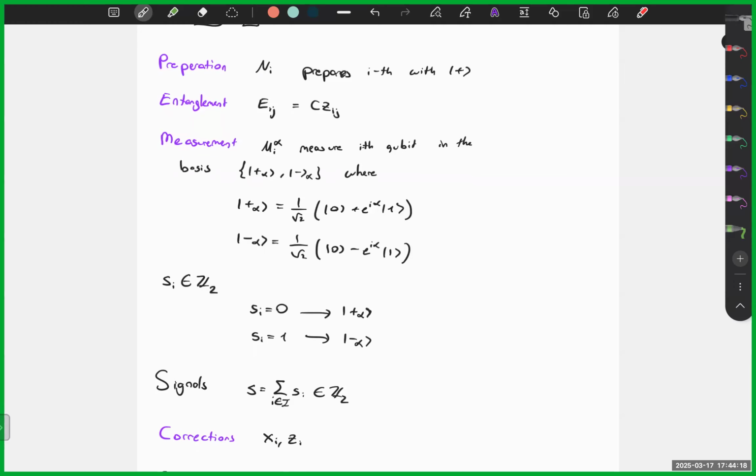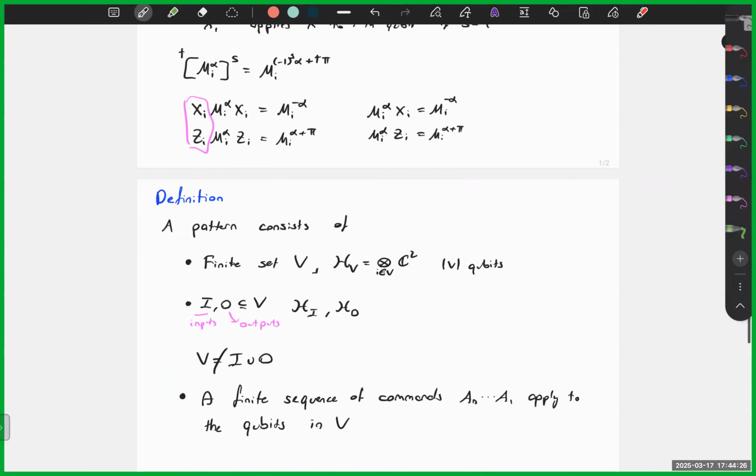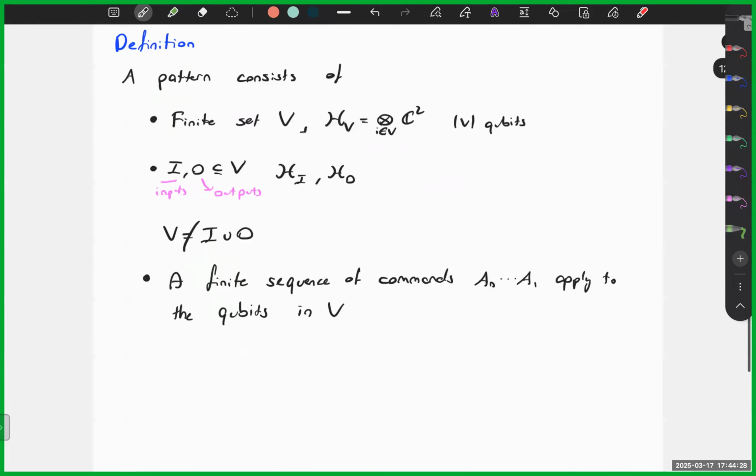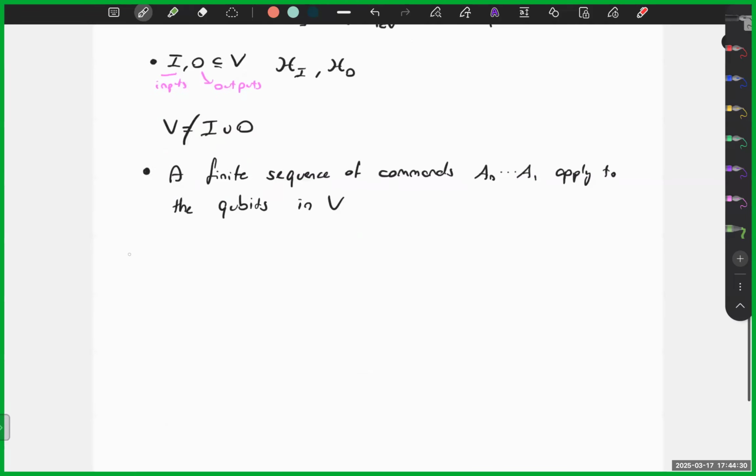For example, it is not meaningful to measure something that we haven't prepared or that doesn't come from the input yet. So we also have some constraints that just make sense to have. So I will just write it. We denote the whole set of constraints by D, and there will be 4 of them.